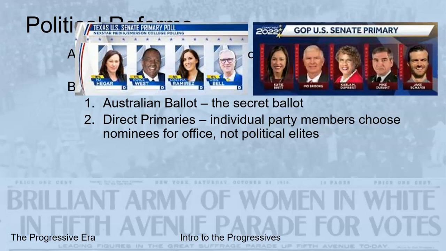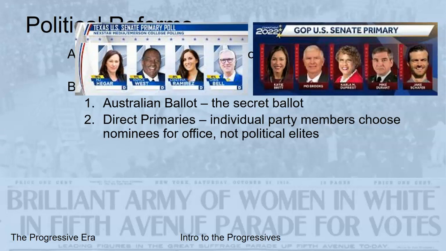So what you see up here, the pictures, I just pulled these. The picture over there on the left is from a couple of years ago, the U.S. Senate race in Texas. This was some of the Democrats that were running for the Democratic nomination. The Democrats are going to narrow these 4 down to 1 person. Over on the right, this is from, I believe it was Georgia, the Republican Senate primary.